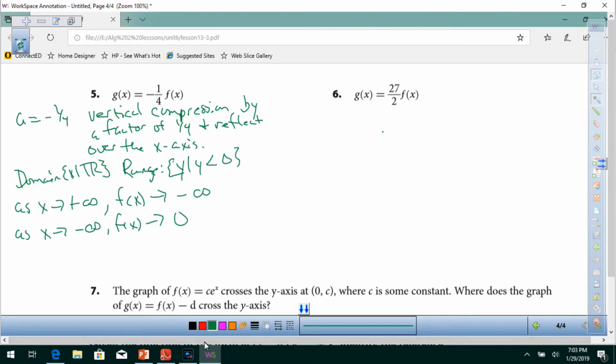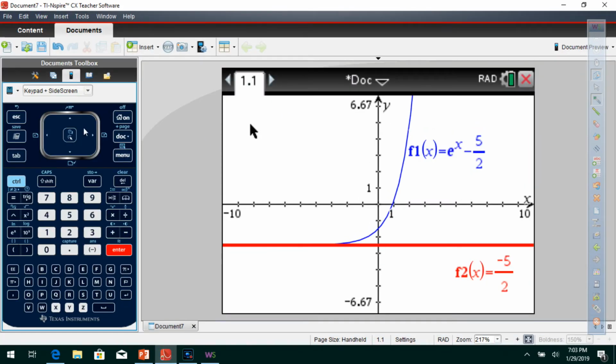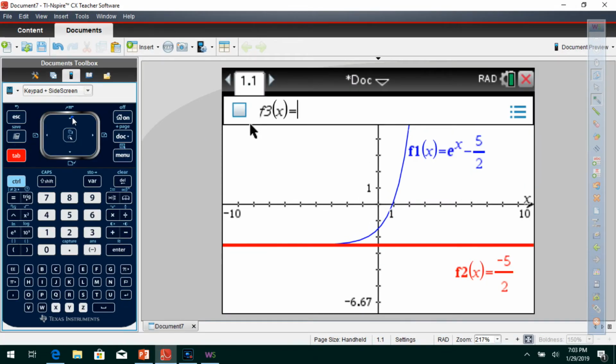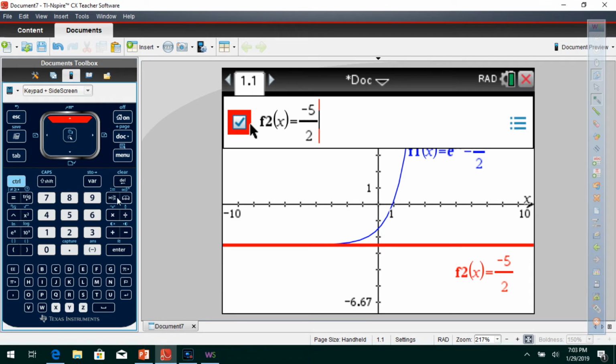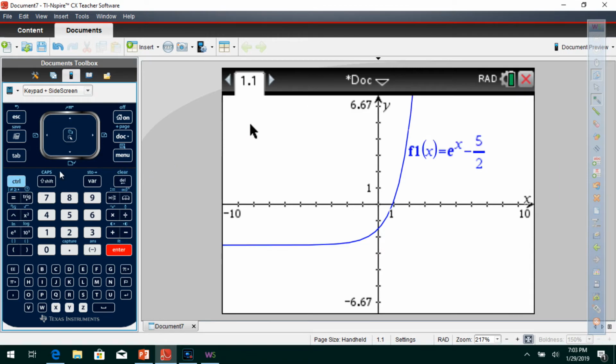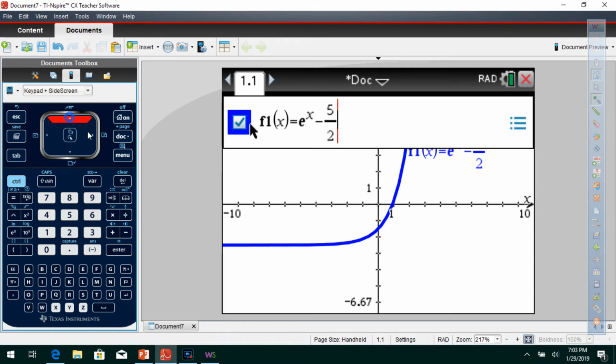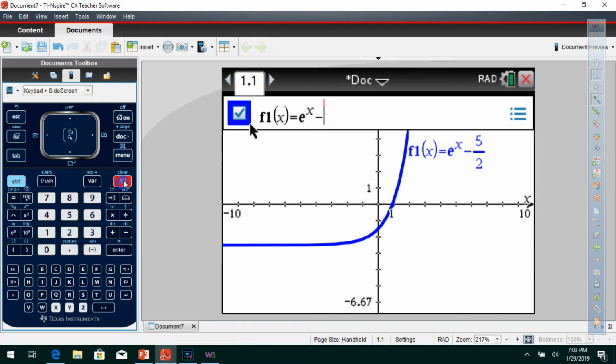All right. And let's just try that. Let's see how close we came to that. Tab, we'll go up here. We'll get rid of that. We don't need that. Let's see here.